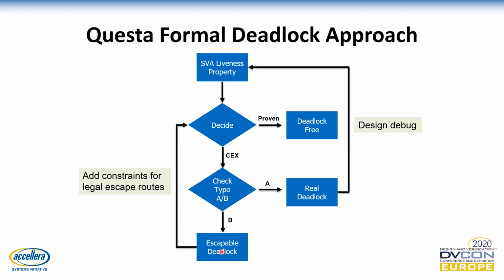It could be the case that, for example, the tool is using the reset to go out from the deadlock, or using some scan paths or DFT stuff, or changing configuration registers, which is not legal. You get the waveform, and you have to investigate this and decide if this is legal or not.